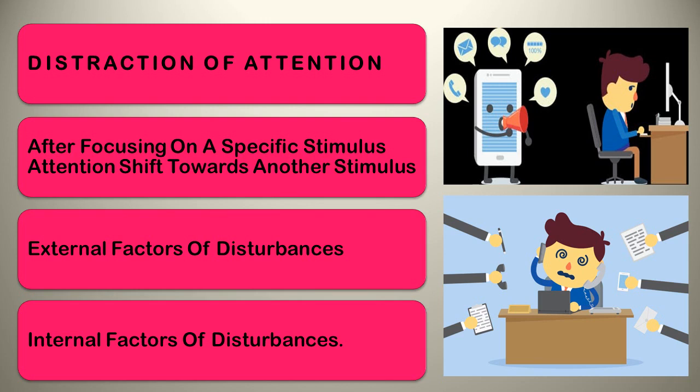Internal distractions are such as hunger, fatigue, illness, worry, and daydreaming. Some examples of distraction are noisy equipment, active conversation with passengers, continuous cell phone calls, mind wandering, physiological discomfort due to temperature, body position, etc. So, distraction of attention is when, after focusing on a specific stimulus, attention shifts toward another stimulus due to some external or internal disturbance.